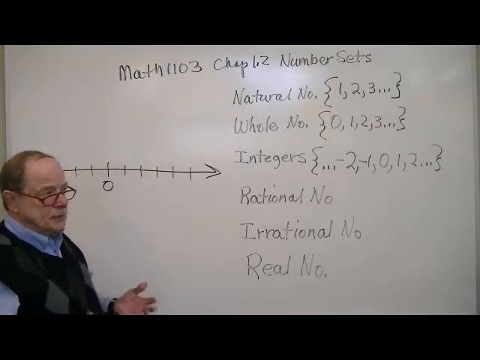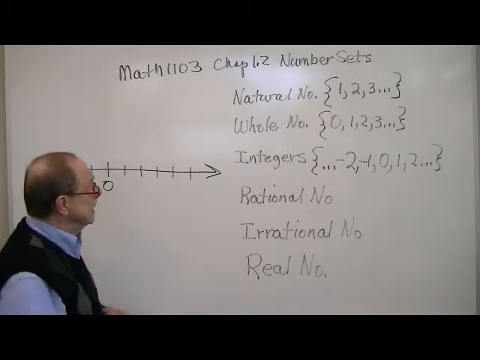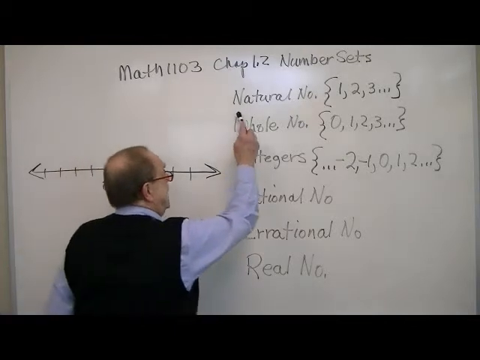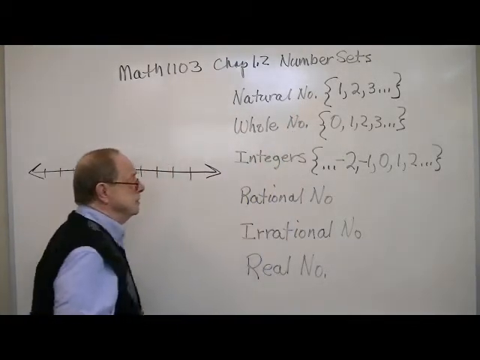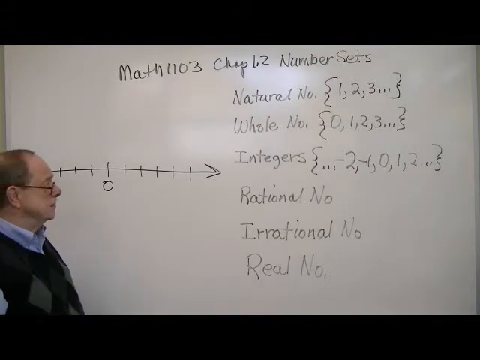So we speak of the first set of numbers, the natural numbers, and sometimes they're called counting numbers.